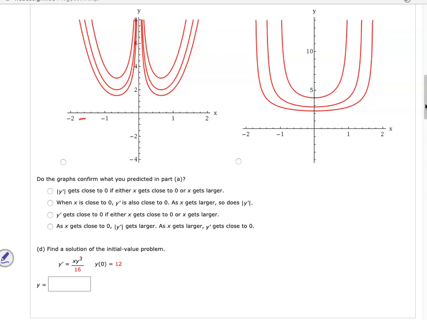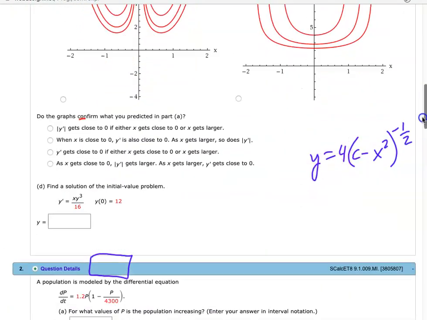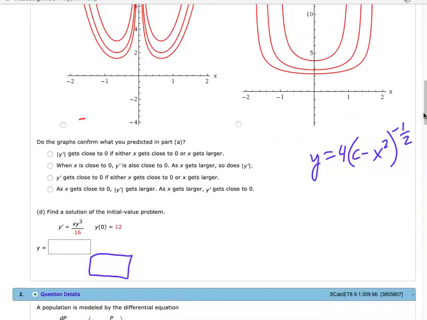We have to find a solution of the initial value problem. An initial value means they've given you the initial value. So we have to go back. I'm going to copy my y and bring it down. So y equals 4 times c minus x squared to the negative 1/2, right? This is called a general solution, because it has an unknown constant c that we don't know.